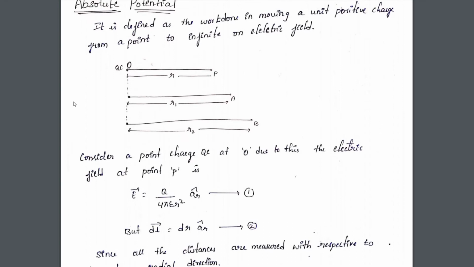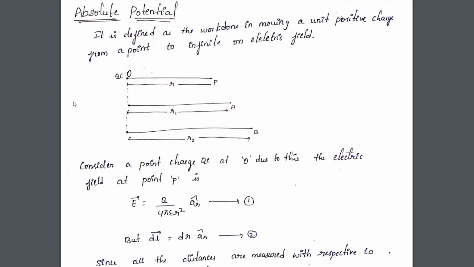So listen here. In the figure, if you observe, we have a point O, and at point O you need to place a charge of q coulombs. And then due to this q coulombs at a distance r at the point P, we need to find the electric field intensity first.